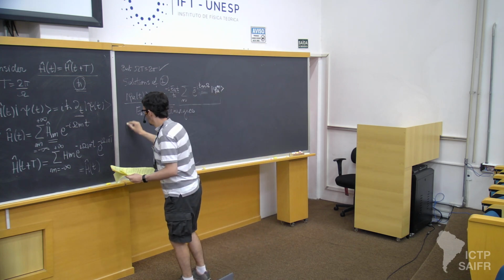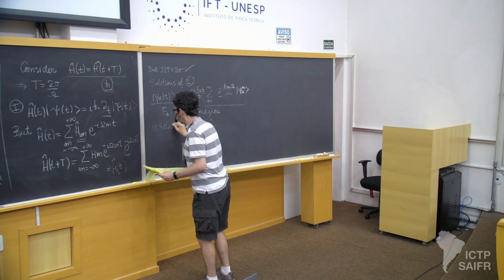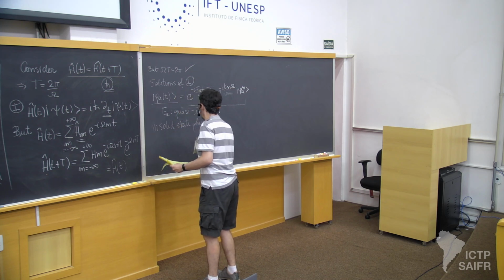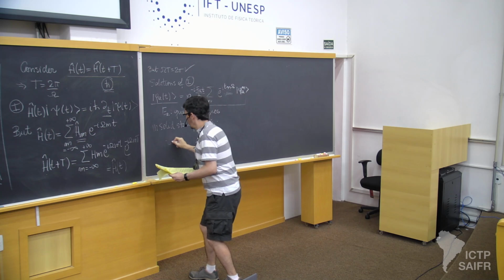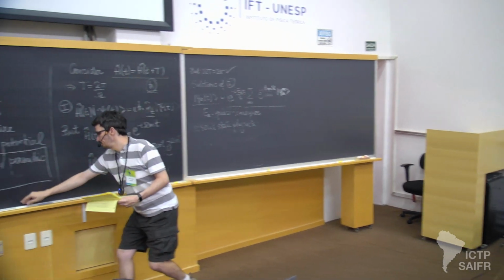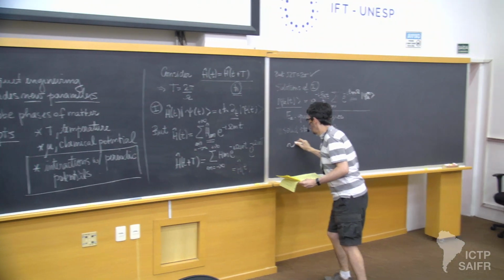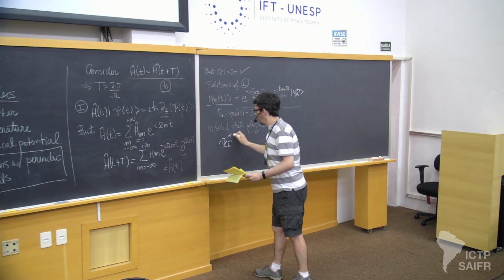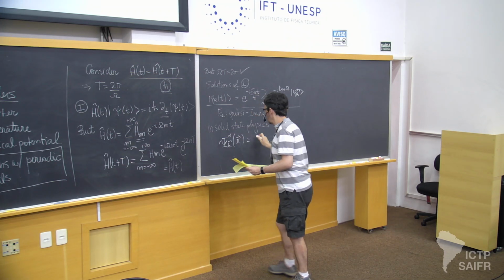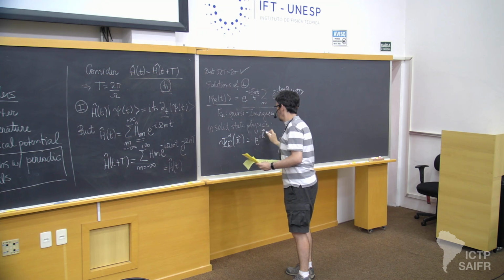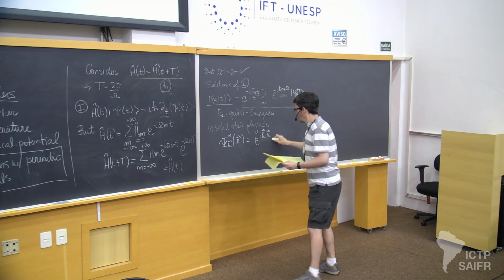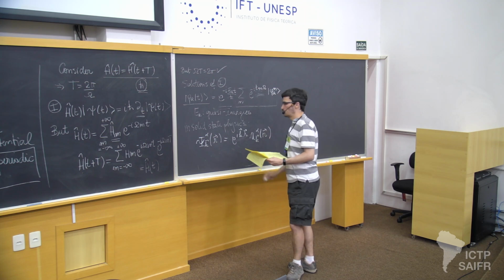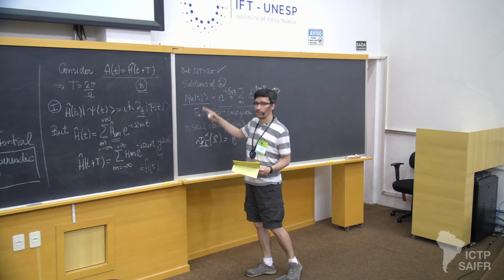I will even write it here. So in solid-state physics, you have this psi k alpha of r, which is a plane wave times u k alpha of r, okay? This will be the analog of this.